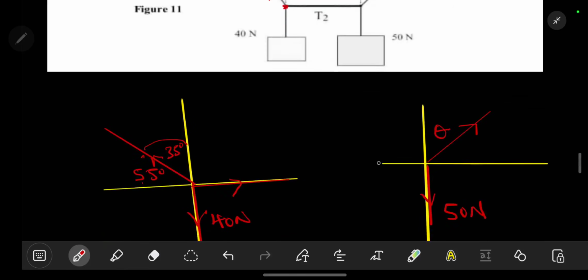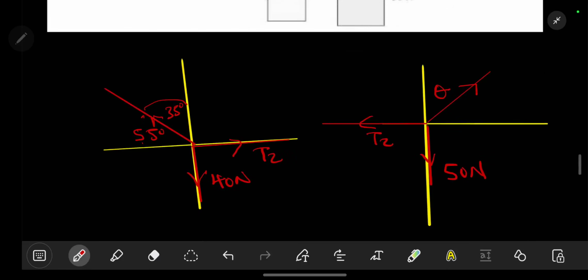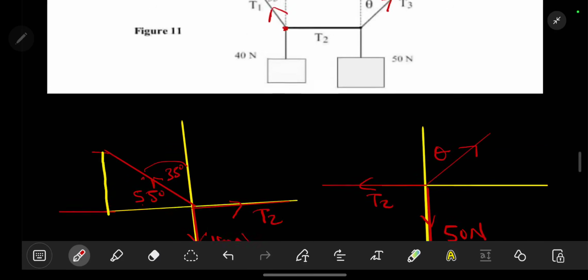Then we have our T2 like that. So T2 is common on both diagrams. Let's begin by resolving this first part. We can choose to use 35 or 55, it's still okay, but since you are used to using the base, the opposite side is always the sine.